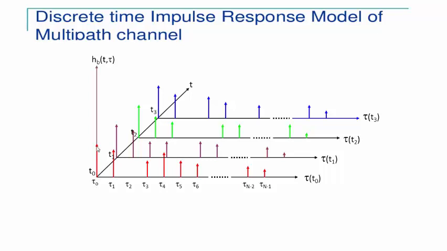So here red color, green color, blue color represent different impulse responses. So suppose the impulse response at time 0 with excess delay tau 0. So this is the impulse response.